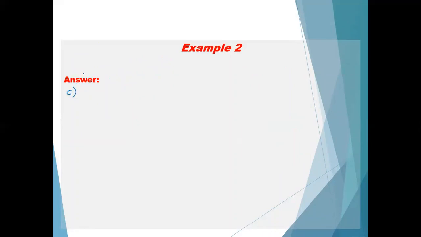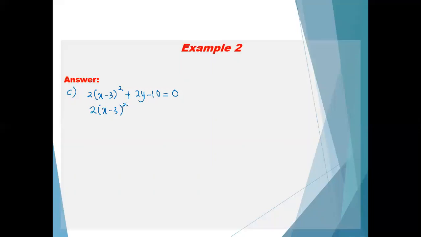C is 2 times (x minus 3) squared plus 2y minus 10 is equal to 0. So what we have to do now is rearrange and simplify this equation. Let me do it one by one for your understanding.